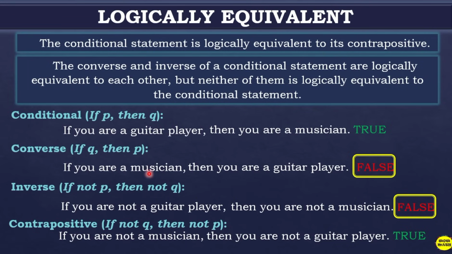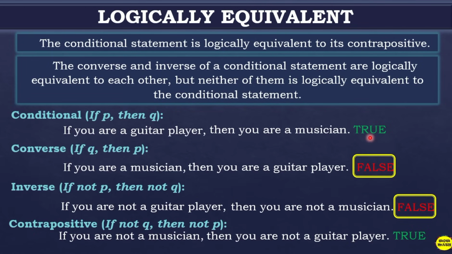So, si converse and inverse ng ating conditional statement ay logically equivalent since they are both false. But, neither of them is logically equivalent to the conditional statement. Pero alin man dito sa dalawa, isa man dito sa dalawa ay hindi logically equivalent sa ating conditional statement kasi iba siya. This is true.